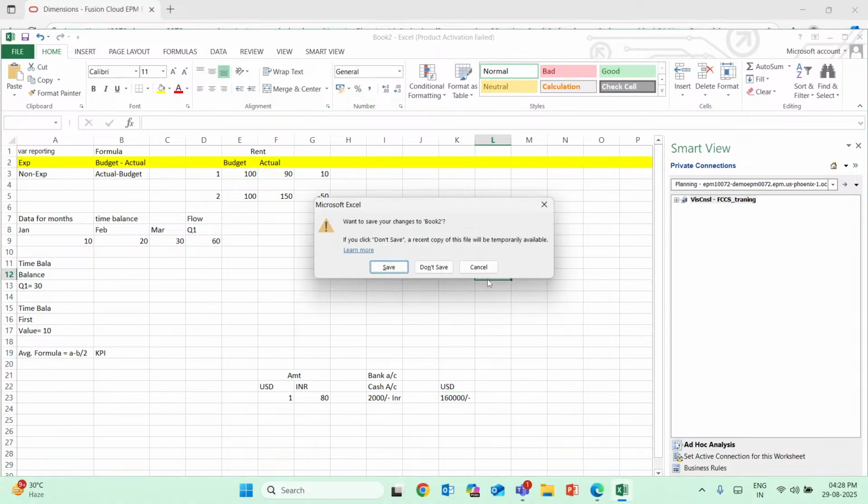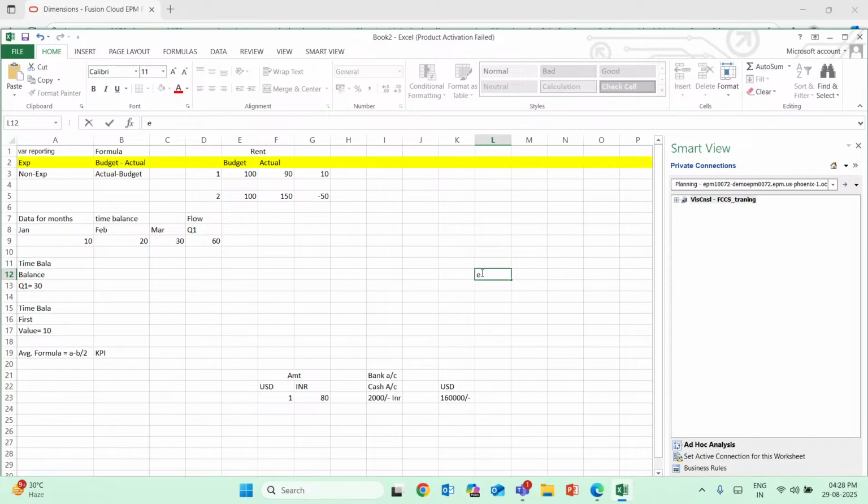What we have is cash and cash equivalent, where cash, bank, treasury, bank clearing, so many children are under the cash and cash equivalent.